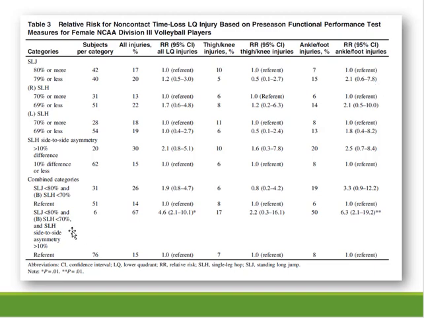But if somebody had a standing long jump less than 80% of their height, if bilaterally each side, their single leg hop was less than 70%, and if there was a single leg hop side to side asymmetry greater than 10%, then individuals were 4.6 times more likely to have a non-contact time loss injury to the lower quadrant and 6.3 times more likely to experience a non-contact time loss injury to the ankle or foot region.